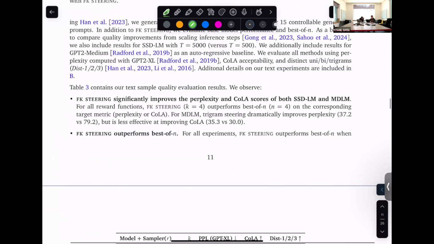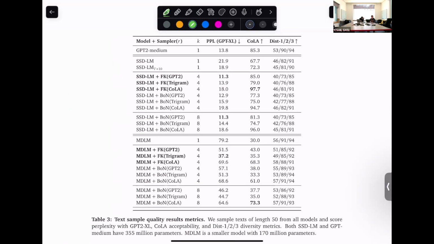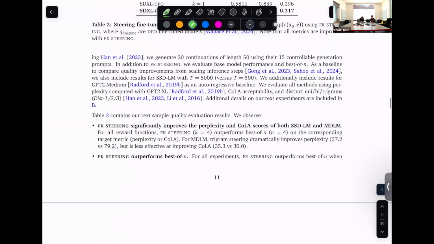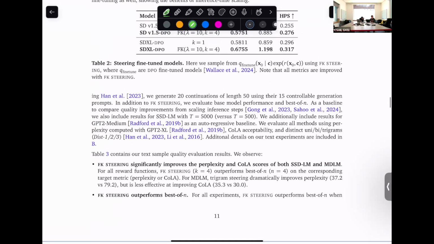Right. Okay. So next thing is text diffusion models. They measure perplexity, and then actually I'm not sure. Do you know what this dist 1, 2, 3 diversity metric is? Nope. It's diversity of different n-grams, I guess. Or I'm not very familiar with these language model metrics.